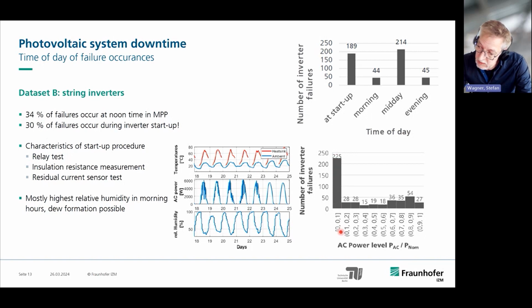Here you see this bar stands for a power peak of 10% from PAC to P norm. So the humidity is a very important, or a very hard driver for the decreasing of reliability in the inverter system.